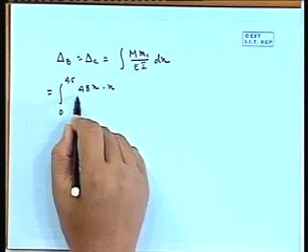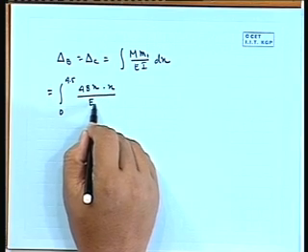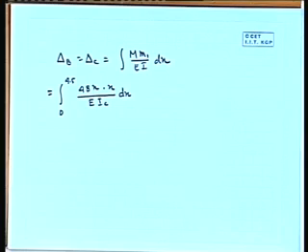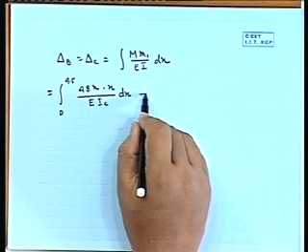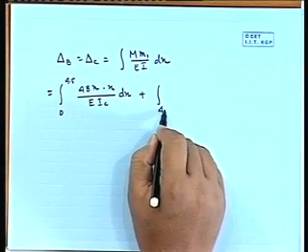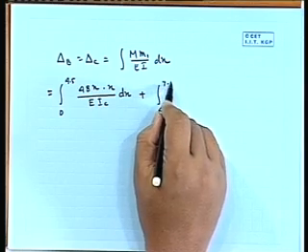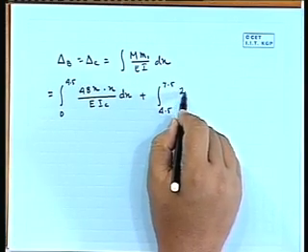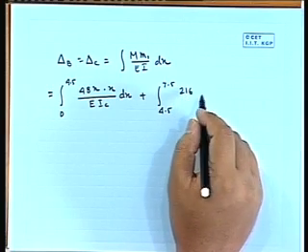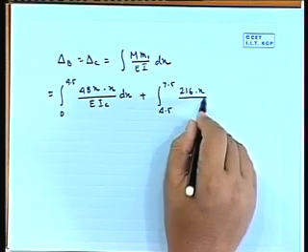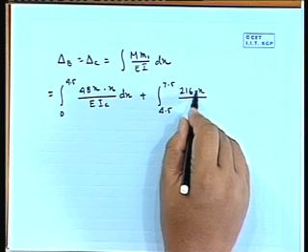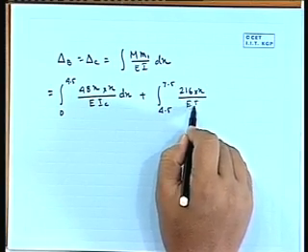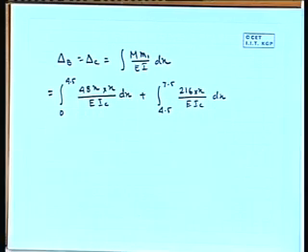It was x divided by EIC dx, right. Second segment should be 4.5 to 7.5, and capital M was 216 and small m was just x divided by EIC dx.